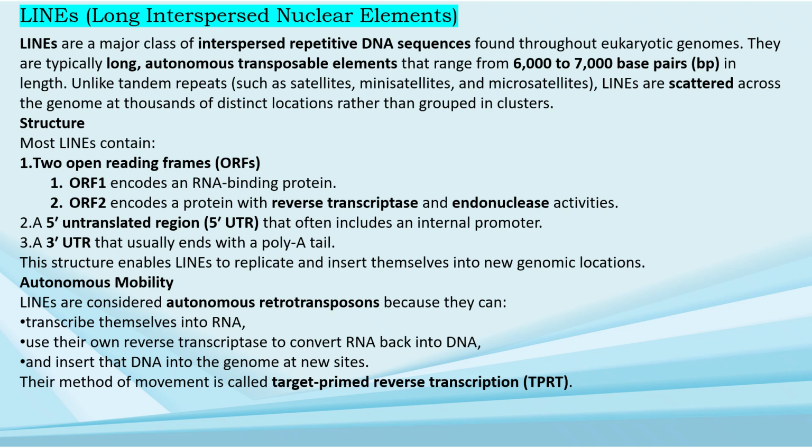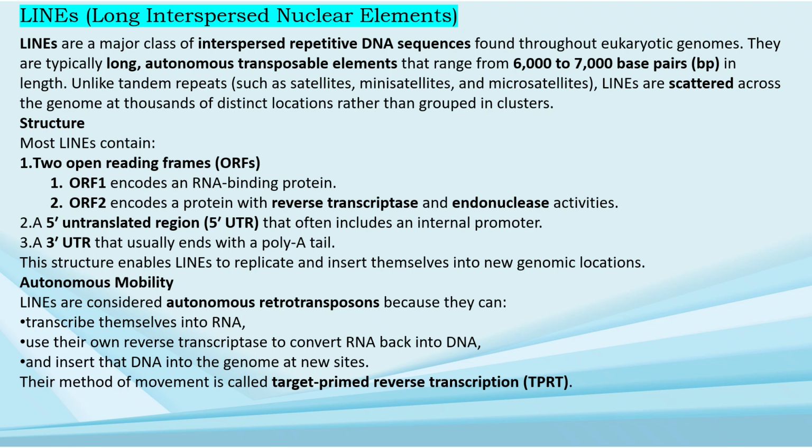LINEs. Long interspersed nuclear elements are found throughout eukaryotic genomes. They are typically long, autonomous transposable elements that range from 6,000 to 7,000 base pairs in length. And LINEs are scattered across the genome at thousands of distinct locations rather than grouped in clusters.